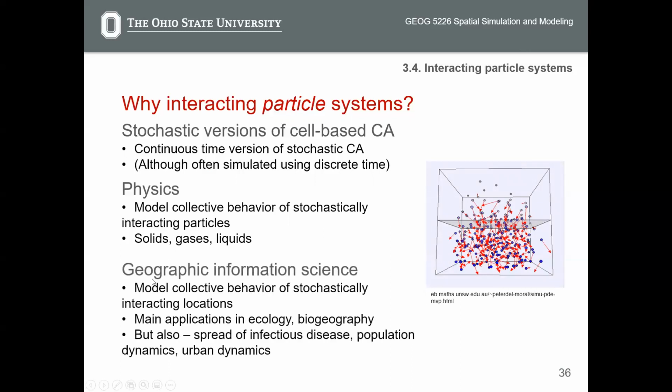And also in GIS, IPS can be used to model collective behavior of stochastically interacting locations in ecology, biogeography, maybe the spread of infectious disease, population dynamics, urban dynamics. You may say that the movement of population is not that random. You are correct. But again, it's always a relative concept.